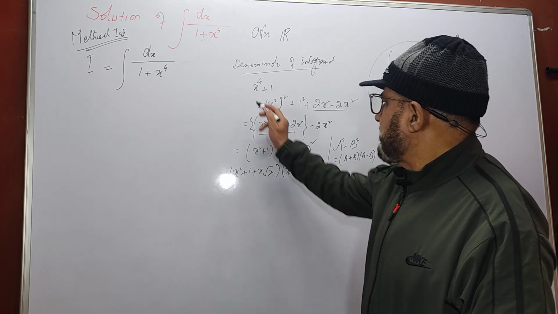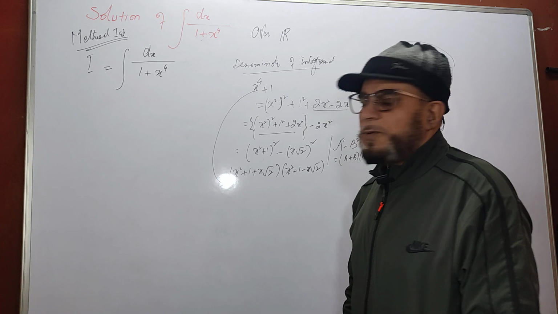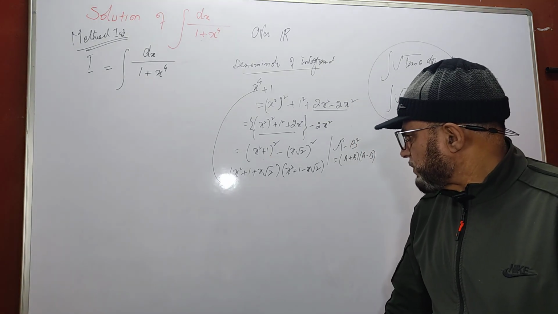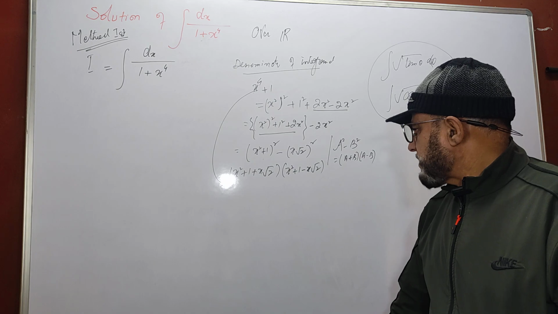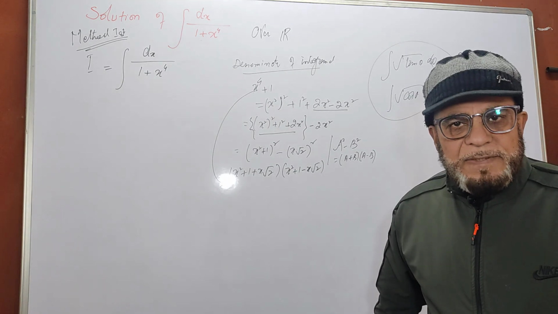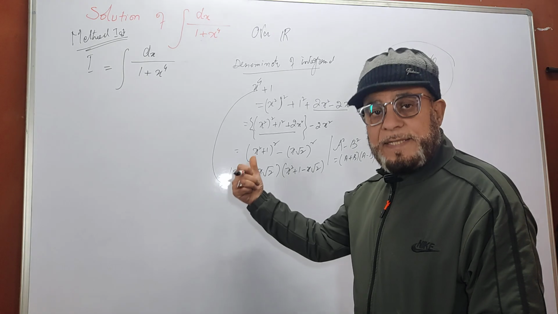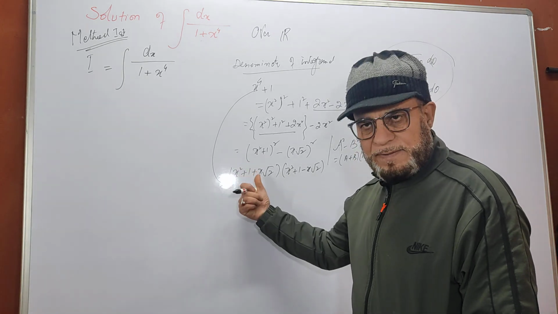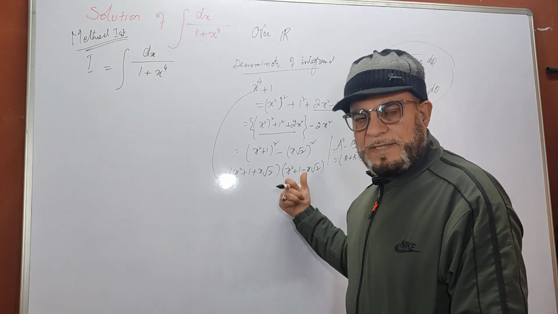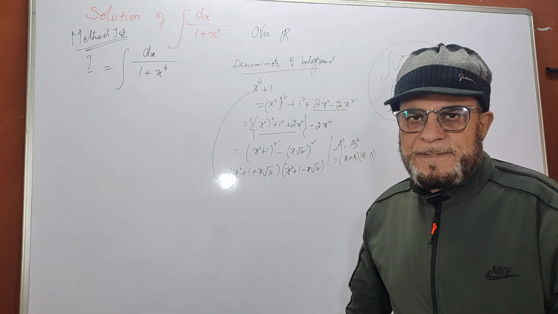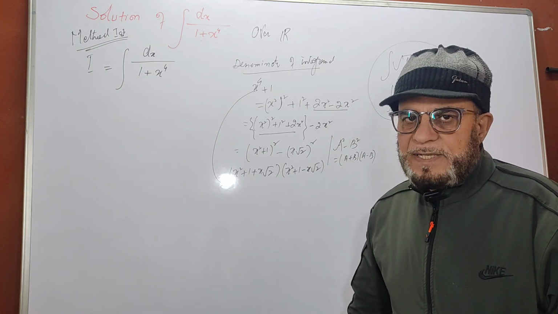So you have converted this into two quadratic factors. One is x^2 plus x root 2 plus 1, then x^2 minus x root 2 plus 1. Now the question is, can we resolve this quadratic factor into again two linear factors over the set of real numbers?